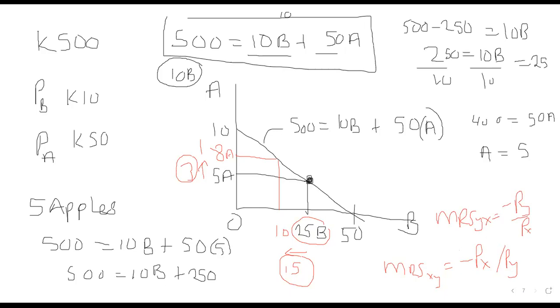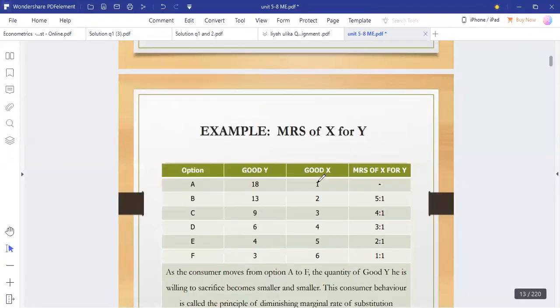In economics, it's about principles. You need to hear me very carefully. Once you miss one point, you are gone. So the marginal rate of substitution X for Y, you divide the price of X over the price of Y. All right. So any questions so far?